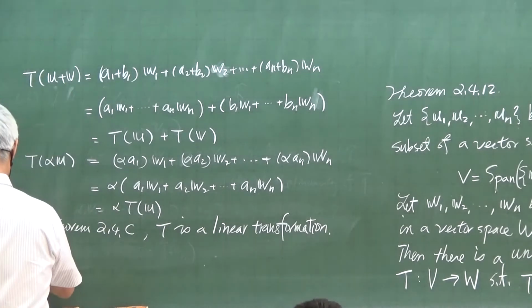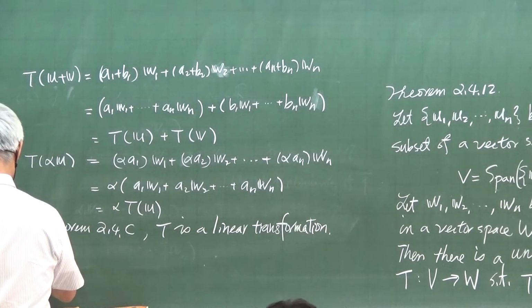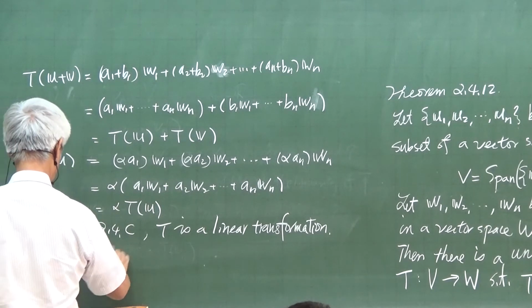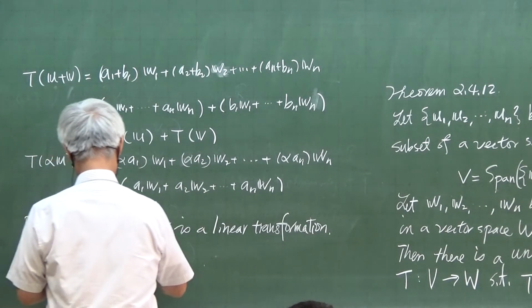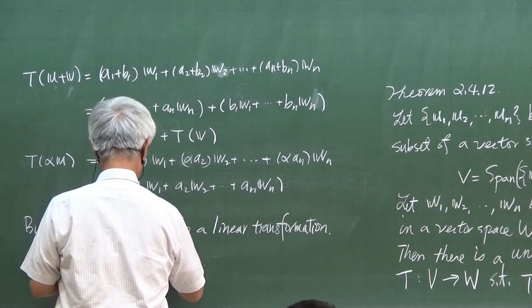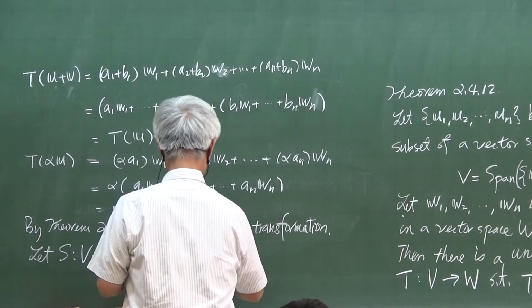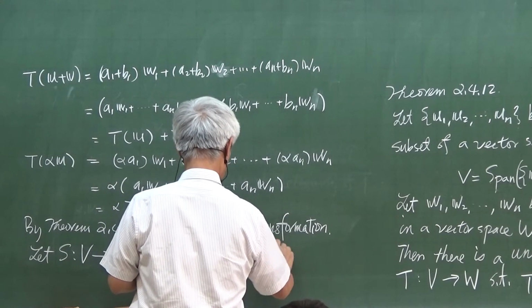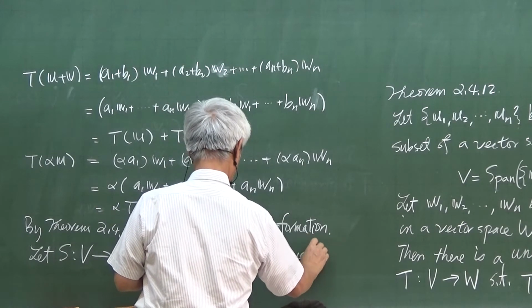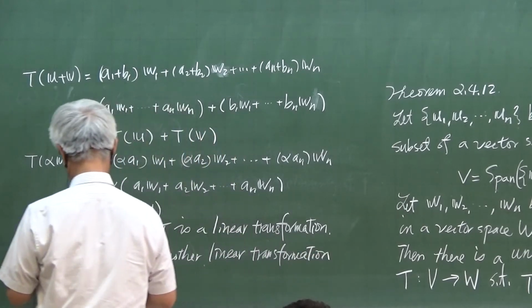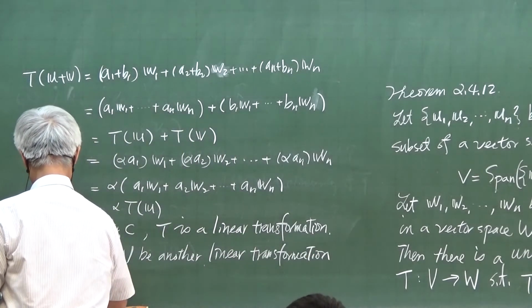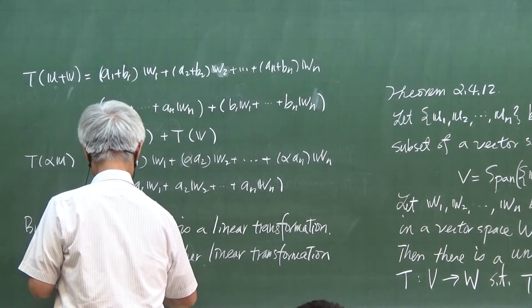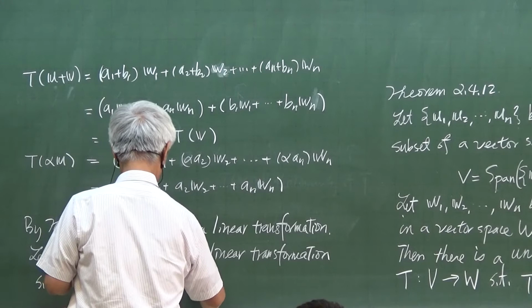Okay, so let S equal to W be another linear transformation such that S ui is equal to wi for i from 1 to n.